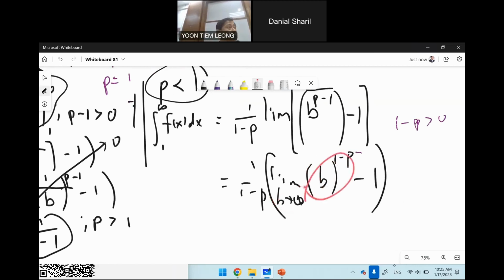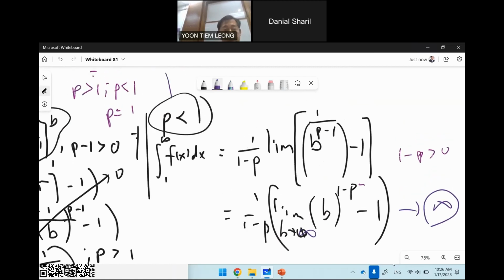Therefore, this term is going to blow up when b goes to infinity. Whatever number it is is not important, but we know it's going to blow up to infinity. Therefore, the conclusion is that for the case where P is less than 1, the P series, according to this integral test, diverges to infinity.